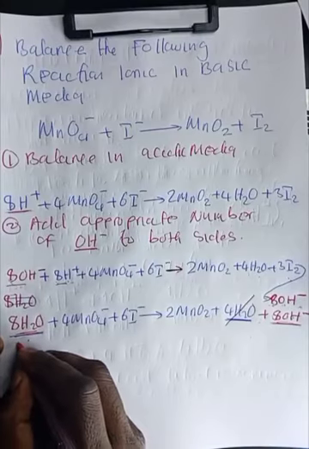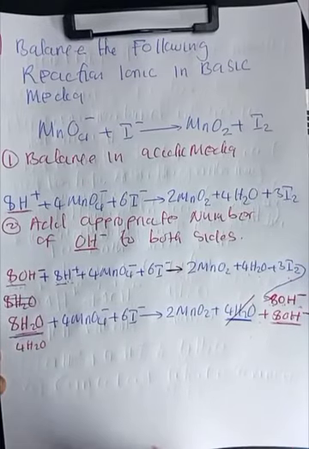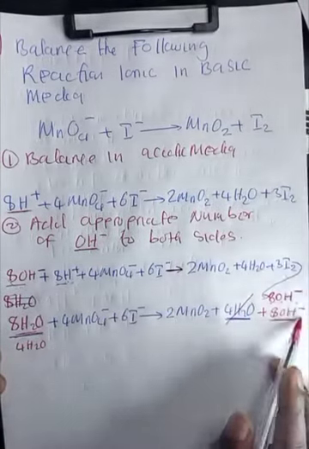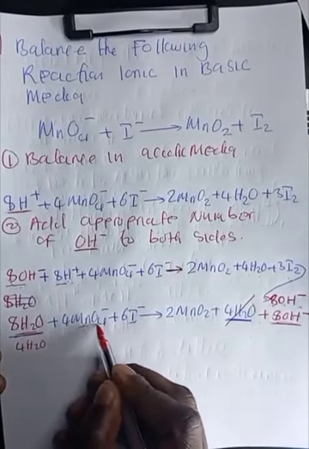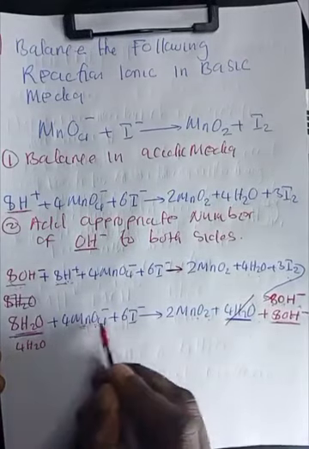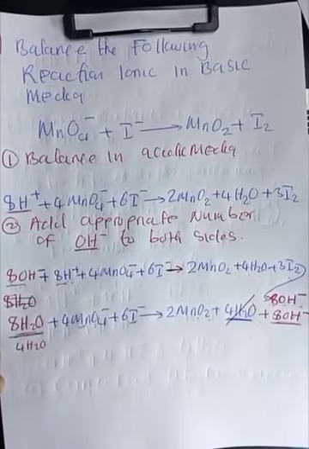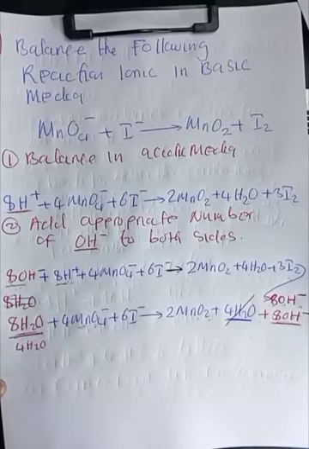This is the only thing that is common. The manganese oxide here is not similar: this is 2, this is 4, so they are not the same. After this, we proceed to write the new equation.